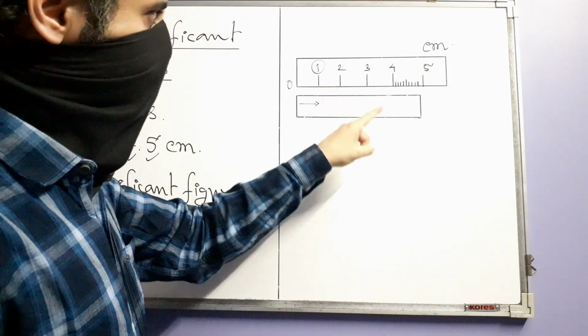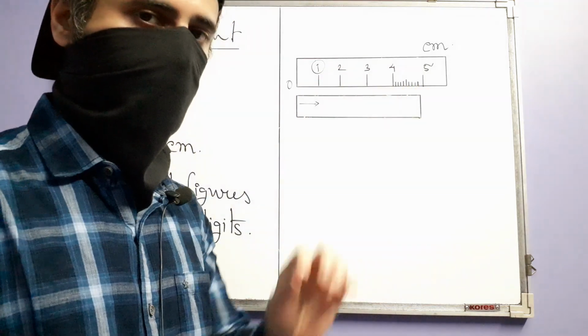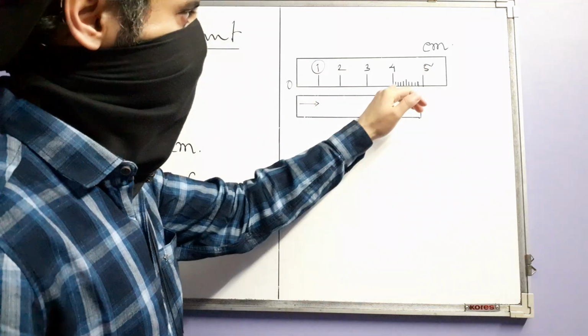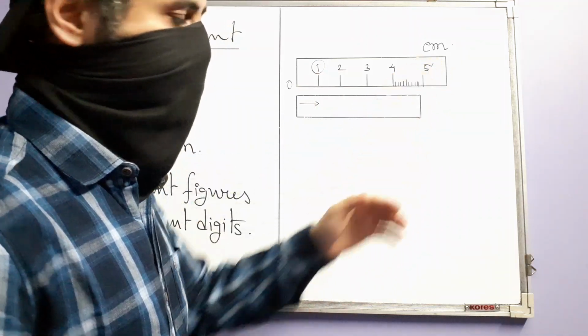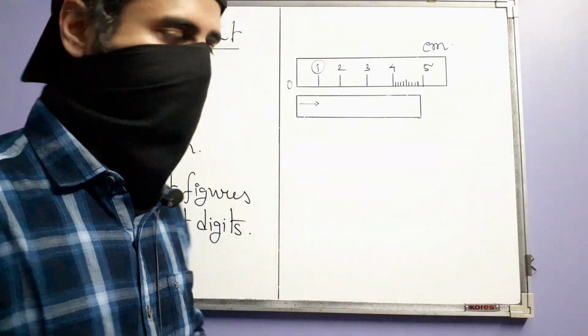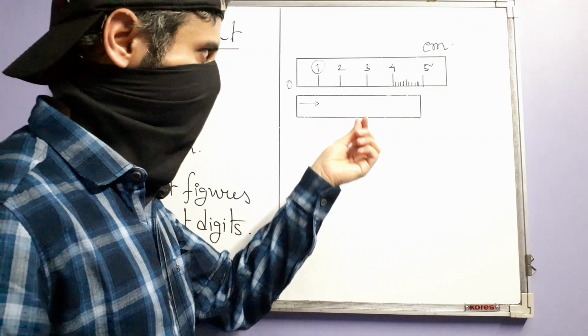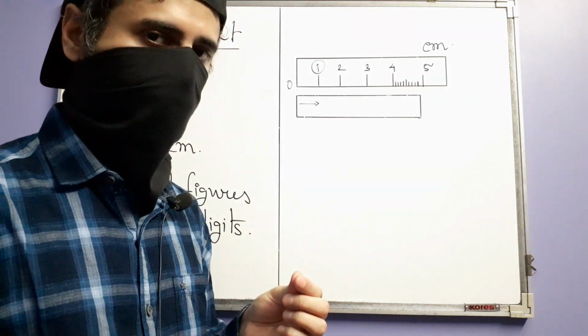To know that, we then look at the finer lines, the smaller lines. You know that 1 centimeter can be divided into 10 equal parts. Each part is 1 millimeter. And our ruler can measure the length of 1 millimeter.